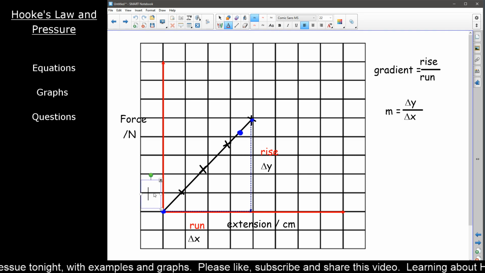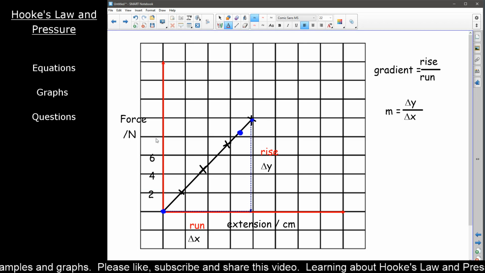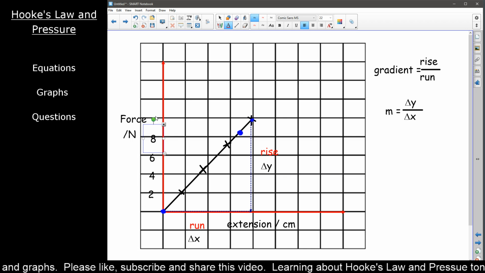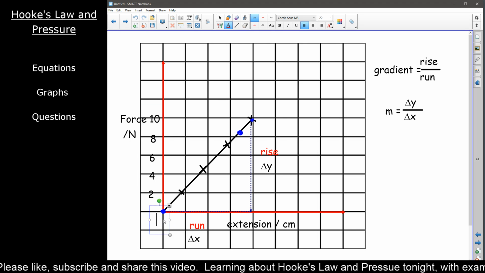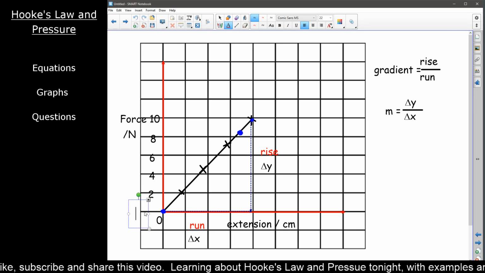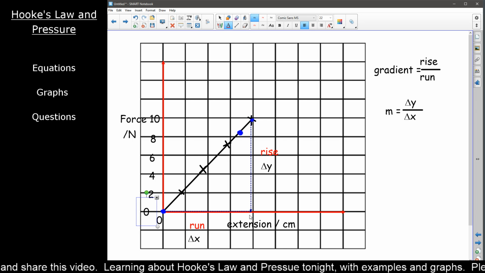So let's say this was 2, 4, 6, and then 8 and 10. And across the bottom here we start at 0. This starts at 0 as well. Doesn't have to, but it's a really good idea to have 0, 0, because you're expecting your line to go through 0, 0.